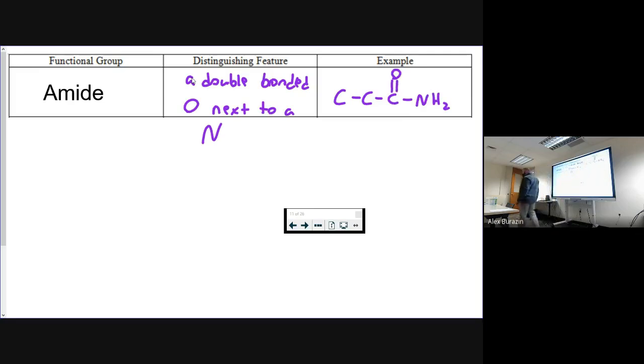That's called an amide. This would be called propanamide. Not yet. One more. Once we get past these, then it opens up.